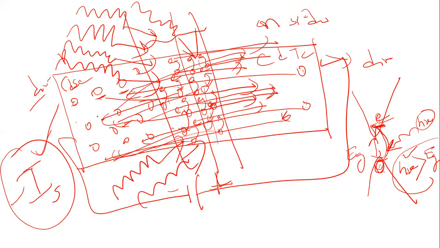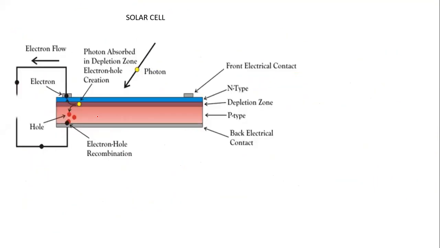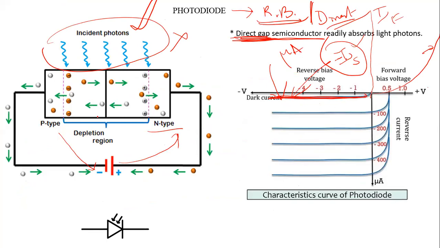Thus, you can see that when you have a p-n junction diode made up of direct bandgap semiconductor, it can readily absorb light, and under the action of light absorption, the current across the p-n junction will be significantly increased, like the one shown here.